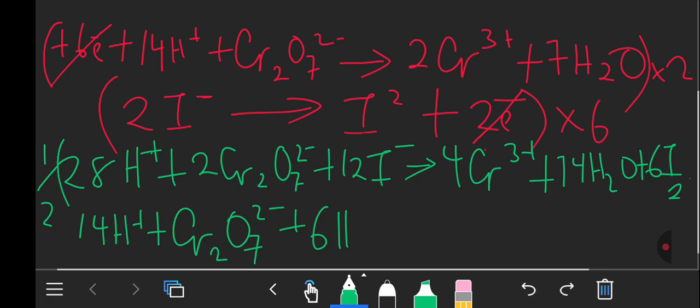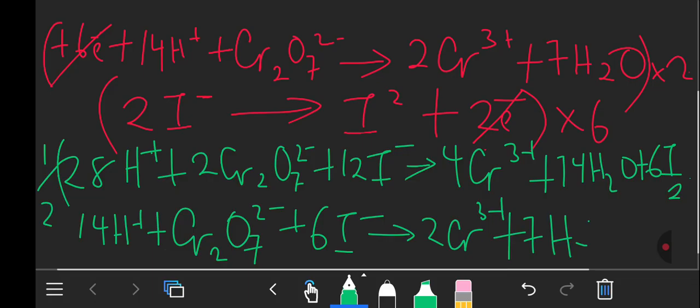That is iodide. Iodide is a charged iodine, so you're going to have that. Then half multiplied by 4 chromium ion, you're going to have 2 chromium ion. Then half multiplied by 14 water molecules, you're going to have 7 water molecules.